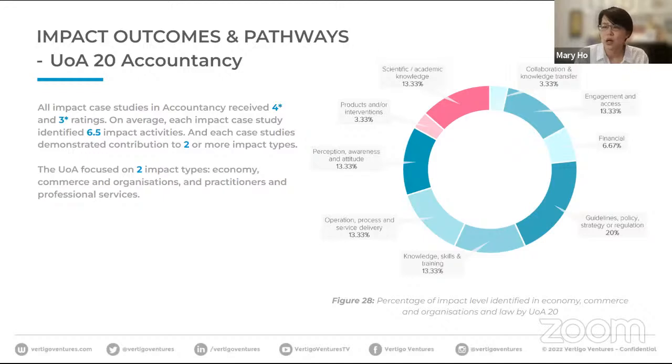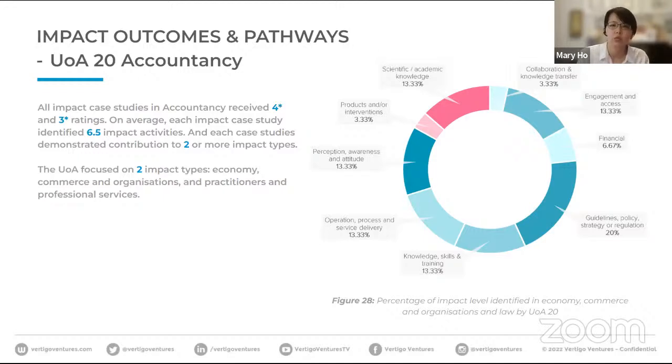So what kind of findings are we able to derive from UOA 20? It is not surprising, of course, that in this field of study, the majority of the case studies mentioned demonstrable contributions to the economy, commerce, and organizations. A mean score of 6.5 impact activities were identified per case study, also illustrated on the right with the pie chart.